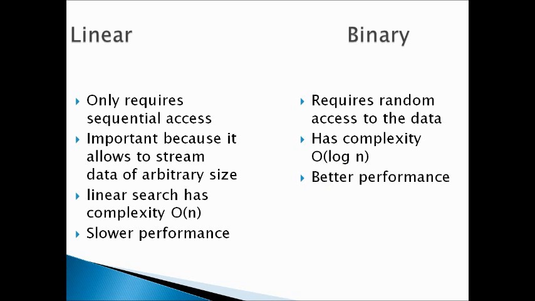Also, the linear search complexity is big O of n, because the average of linear search is n over 2, but the half is just a constant, so if we put that in a big machine or a fast machine, it wouldn't matter. That's why we just say the complexity is big O of n.